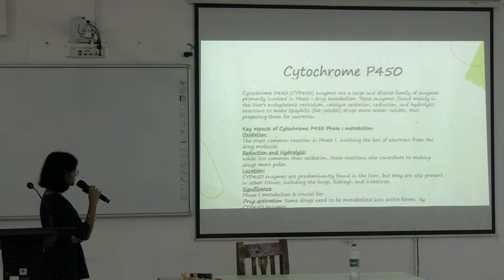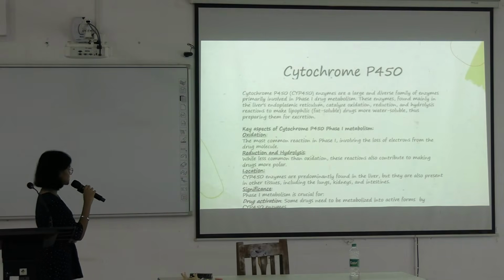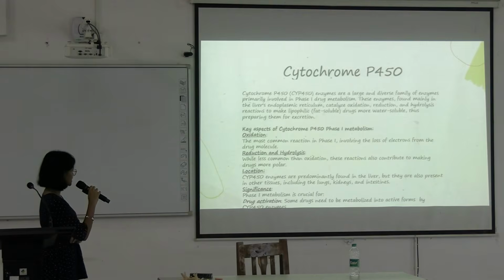Key aspects of cytochrome P450 phase 1 metabolism. Oxidation, the most common reaction in phase 1, involving the loss of electrons from the drug molecule. Reduction and hydrolysis, while less common than oxidation, also contribute to making drugs more polar.